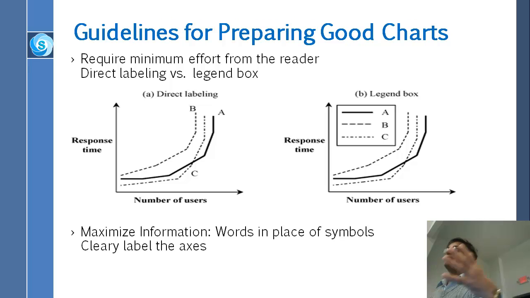On the other hand, if it is a very long name, the legend doesn't help either. The problem with the legend is that I have to really match the lines, and sometimes if there are more than 3 lines, you can't even distinguish between them. So the first goal is to require the minimum effort. Remember, that is the goal. The second goal is to maximize the information.